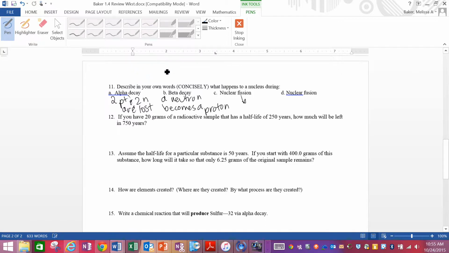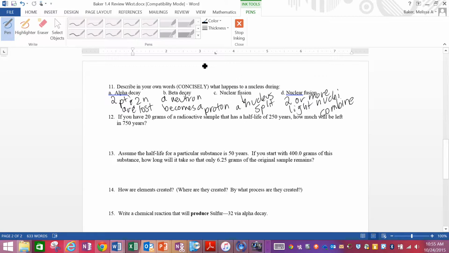During nuclear fission, a nucleus is split, and during nuclear fusion, 2 or more light nuclei, meaning small, combine to form a larger nucleus.